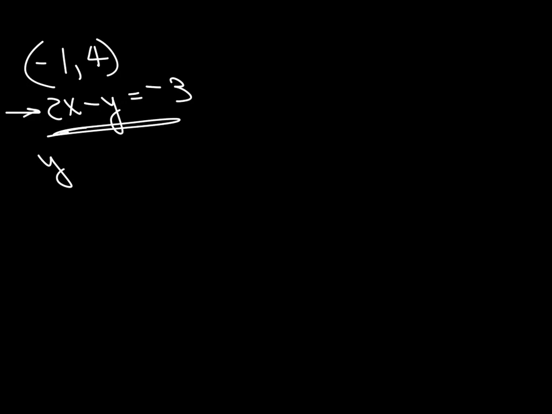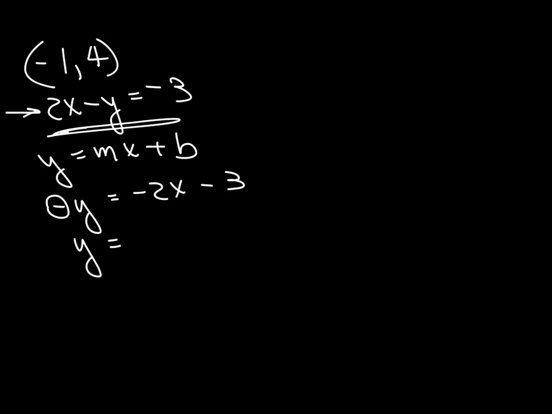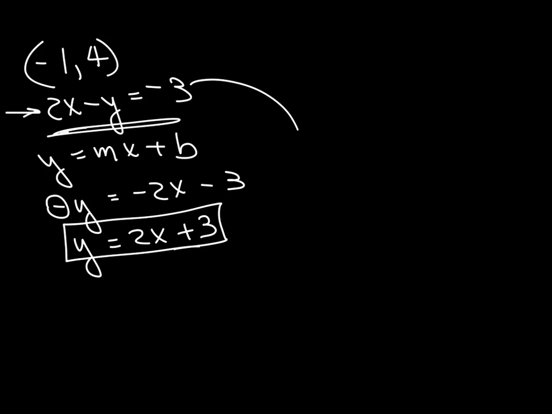So y equals mx plus b is the format we're trying to get it in. So we're trying to get the y by itself. So subtract 2x from both sides, and then we don't want a negative, so we're going to change everything to a positive. So there is this equation in slope-intercept form.